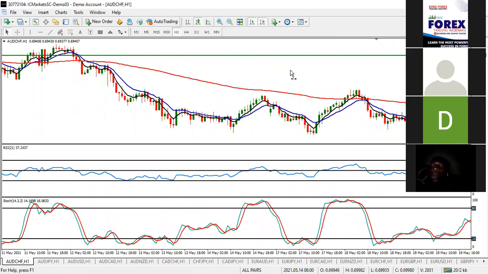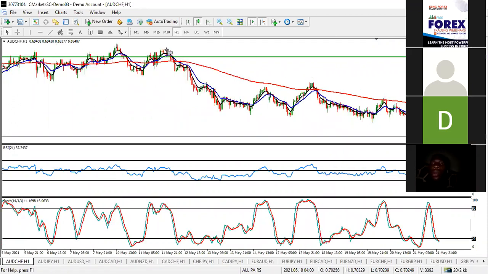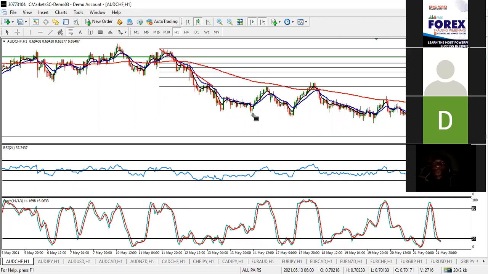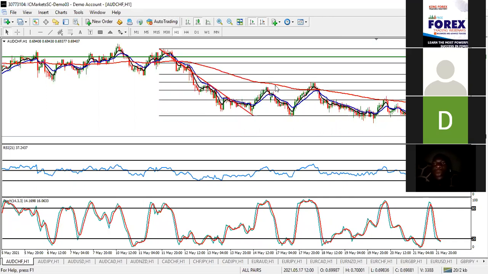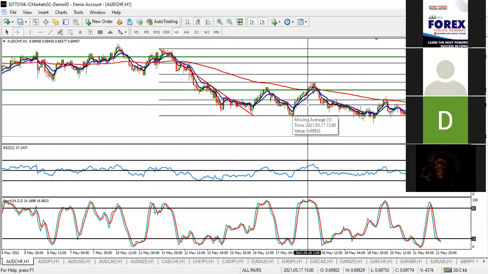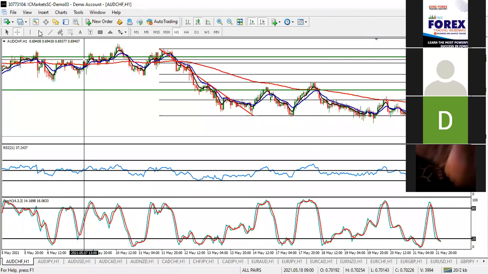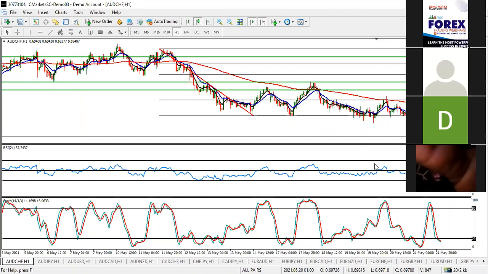So this is another move right here. When we draw it down to this place, you can see price went up to 38.2% around here. Price came down, but pulled back up to touch the 50% fib level, exactly at the 50% level.